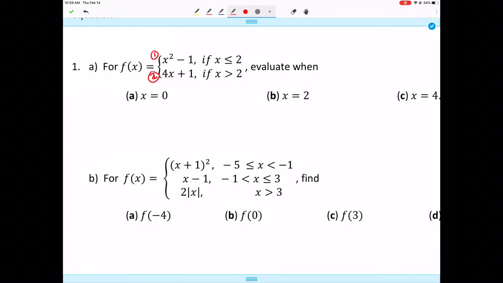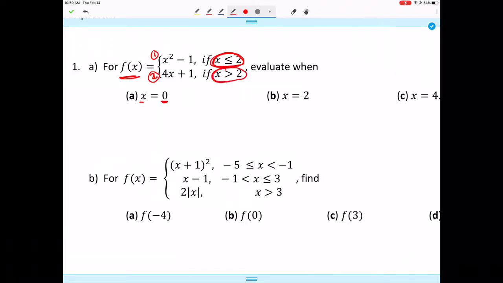All right, so we want to evaluate this piecewise function when x equals 0. Okay, so what we're going to do is we're going to say, well, when x equals 0, is 0 going to be less than or equal to 2, or is 0 going to be greater than 2?